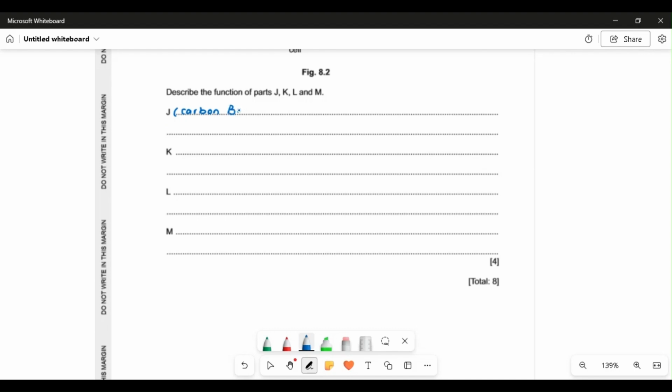These carbon brushes provide the connection of the cell through wires to the split ring commutator.